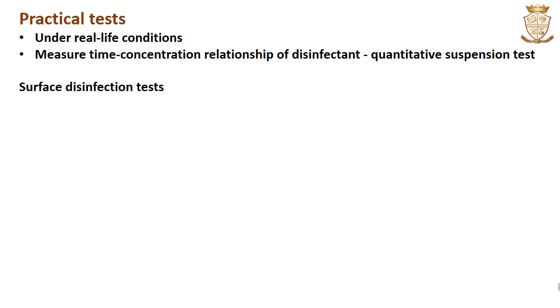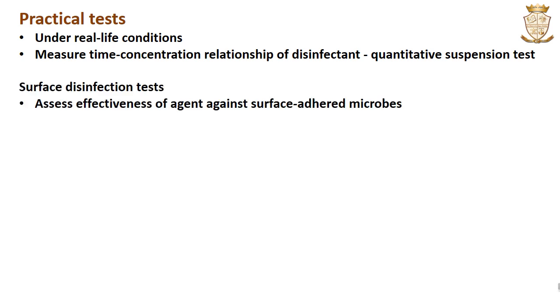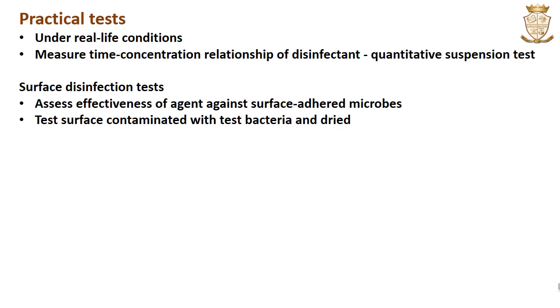We can use the surface disinfection test, which assesses the effectiveness of the selected agent against surface adherent microorganisms. So we will use different types of test surfaces, which may be a small tile, a microscopic slide, a piece of PVC, a stainless steel disc, etc., which will be contaminated with the test bacteria and then dried.